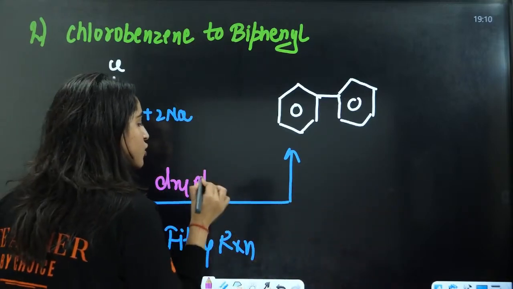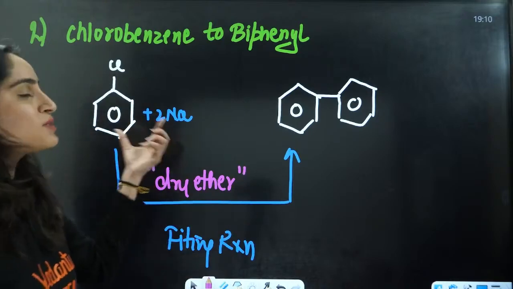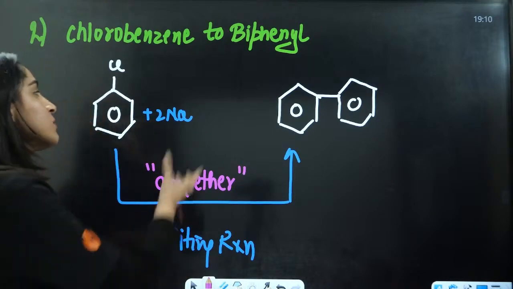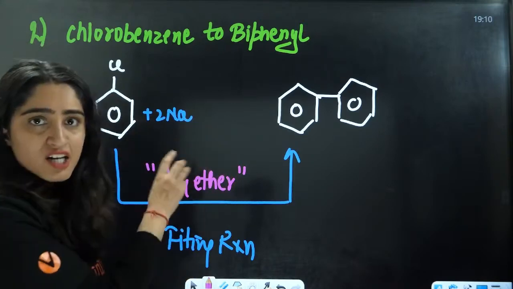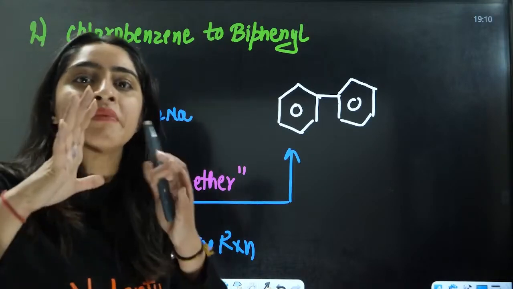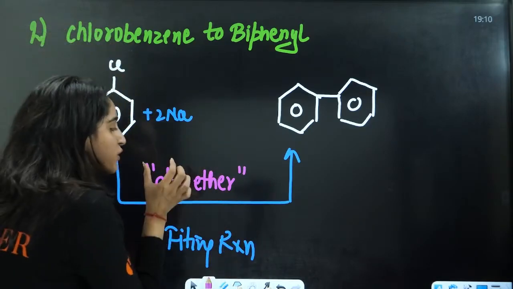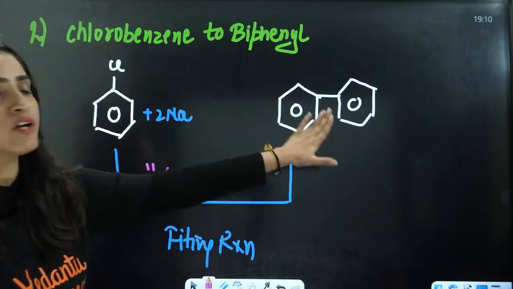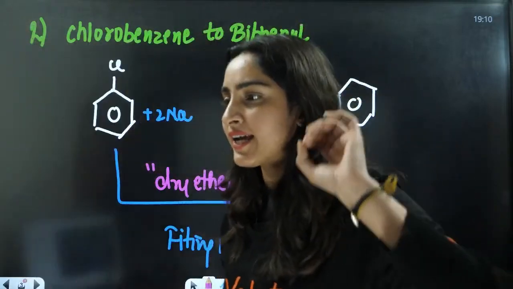Dry ether is used because sodium is a very reactive metal, and it reacts with moisture. Ether is for solvation, and dry ether is used for that reason. This will convert it into aryl-aryl, R-R. That is the Wurtz-Fittig reaction.